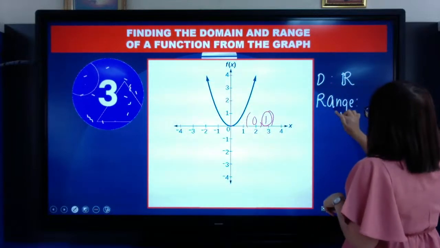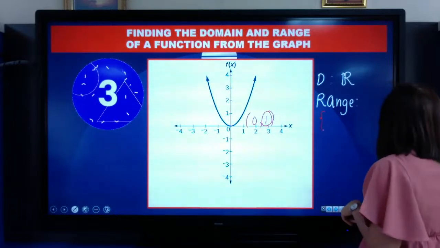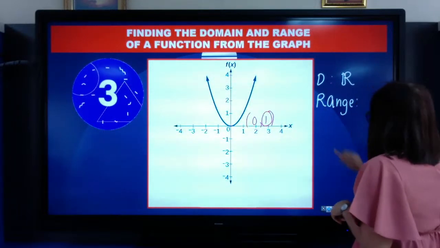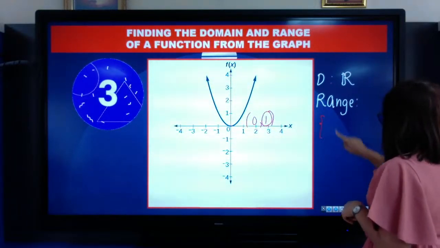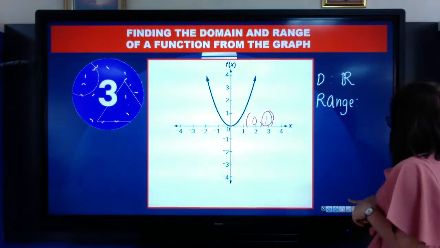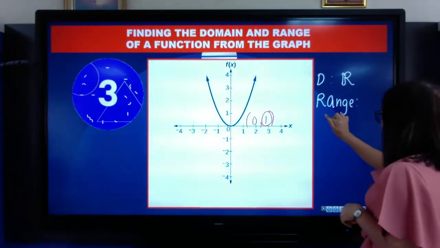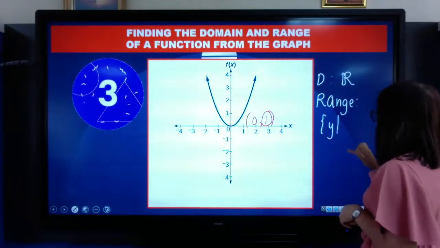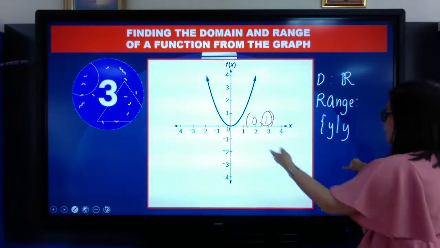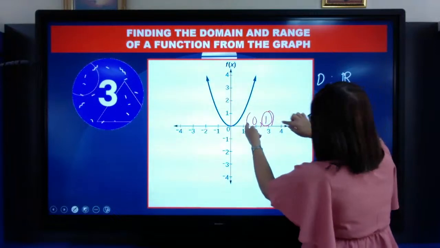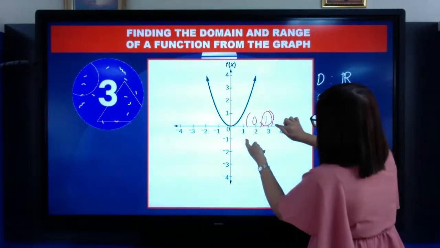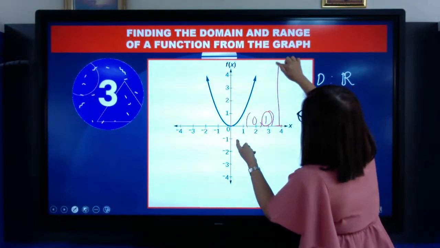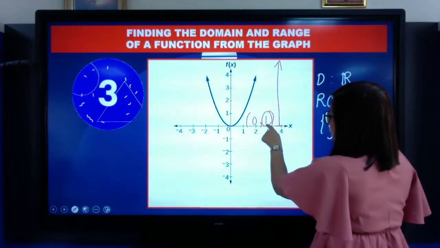So the range would be the set of all y. Set of all y, I'll change it to white. Okay, set of all y such that y is, you see, the range is here. From this up, the lowest is 1.